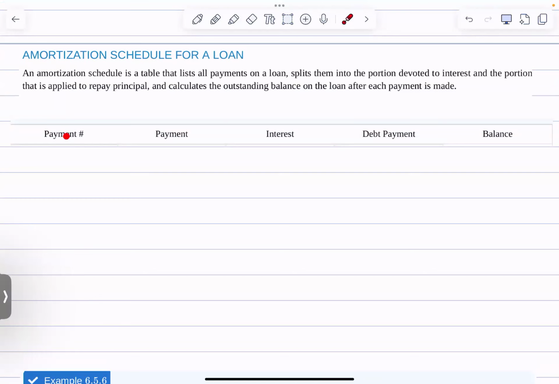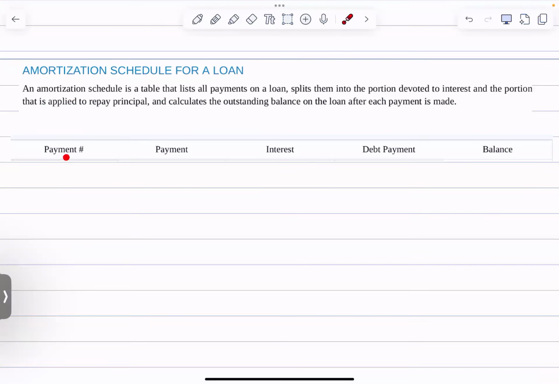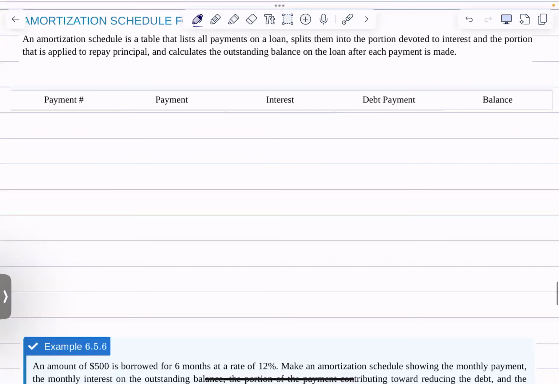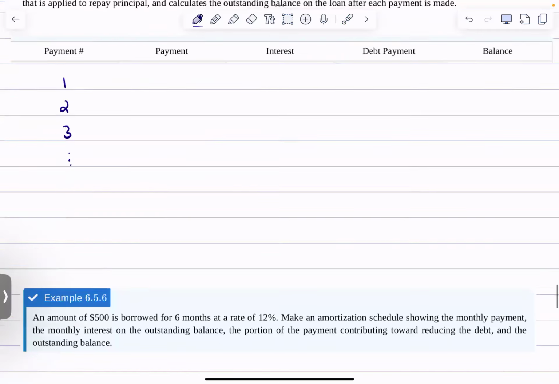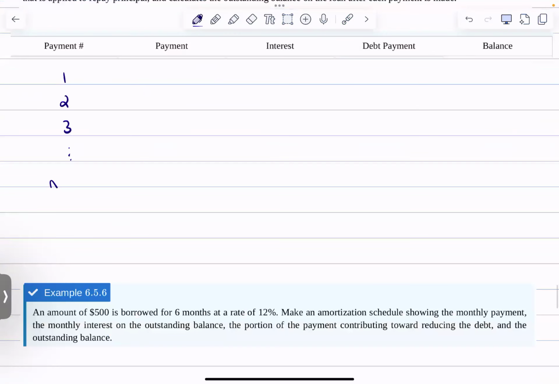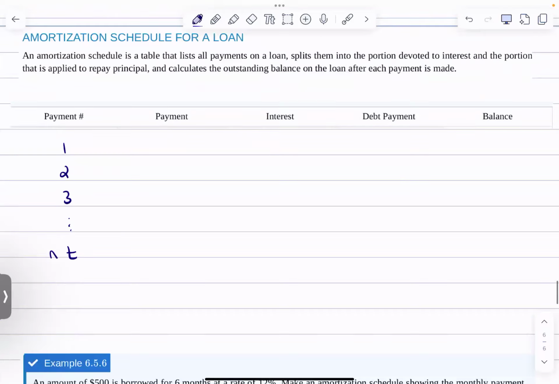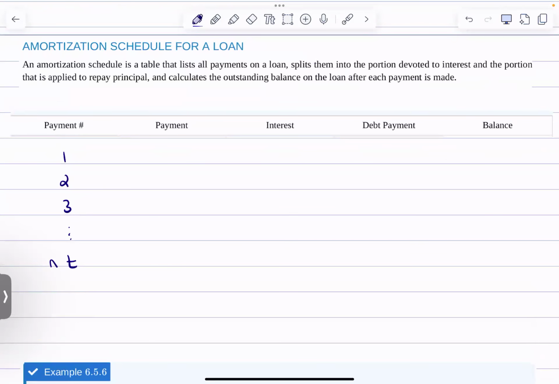So the typical headers of an amortization schedule: the payment number, which is going to go from 1, 2, 3, all the way down to n times t, however long you've committed to paying for at what payment frequency. And this should be n times t.